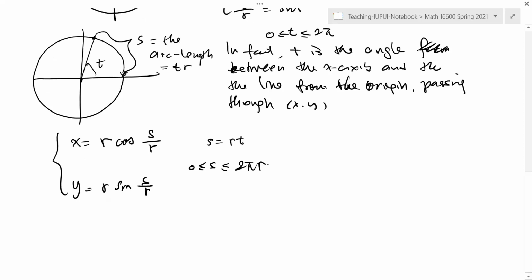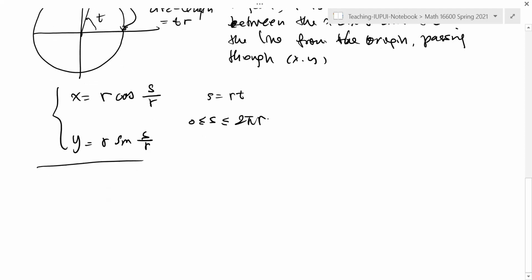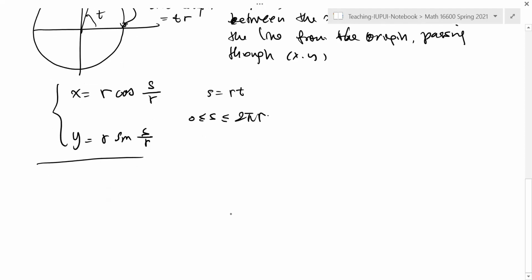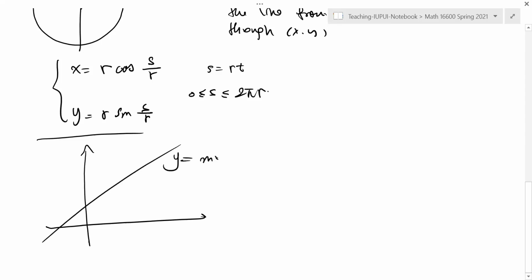Now, next, we're going to describe the straight line in space. How do you describe it? So you have a straight line, and the equation is y equals mx plus b.